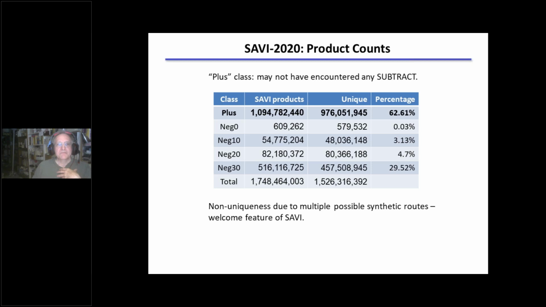Okay. What you also can see is that the number of unique structures is a little bit lower, and that is not undesirable. That means that you have, for about 10% of the SAVI products, multiple possible synthetic routes. And this is, again, actually a welcome feature. This is not a flaw in the approach.